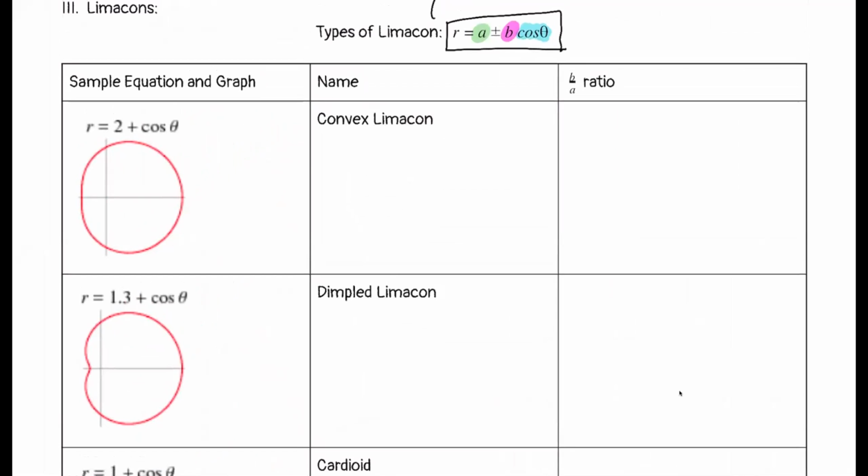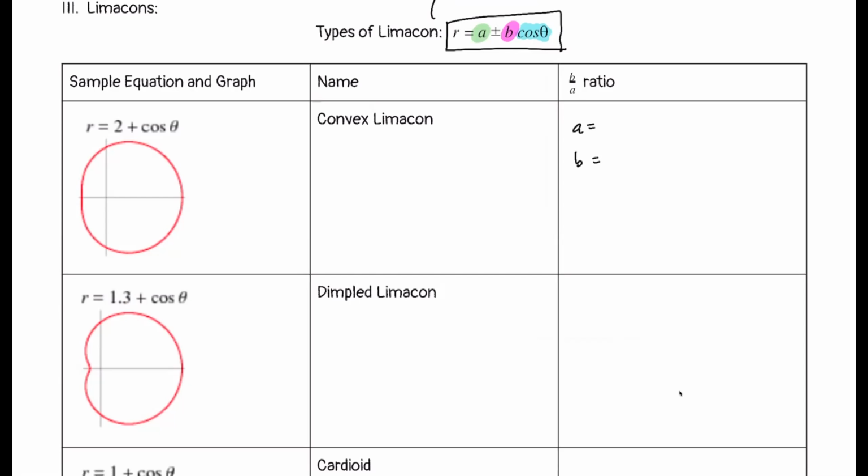So in this first case, where there's something called a convex limacon, what's the B value here? And what's the A value?